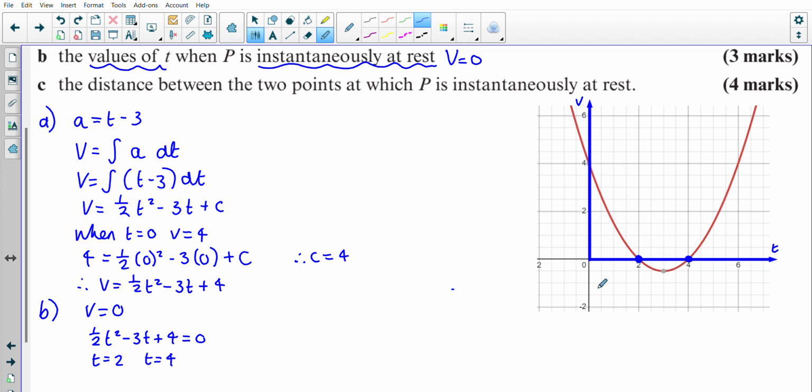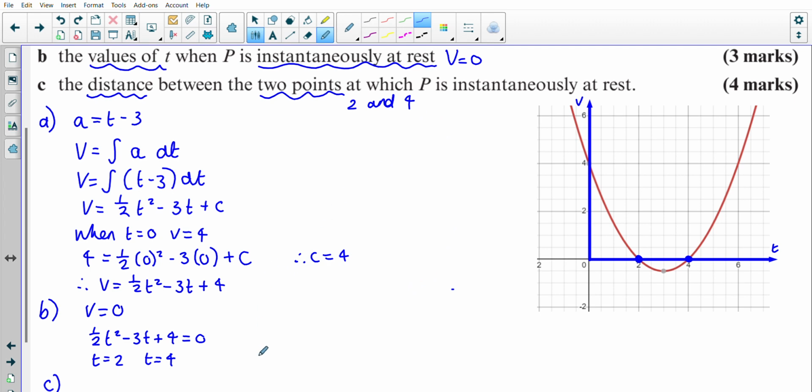So as you can see, that's what I was expecting. Right, part C, the distance between the 2 points at which P is instantaneously at rest. Distance, now the 2 points that it's talking about are 2 and 4, the ones we've just worked out when it's instantaneously at rest. So I'm going to be integrating to find the distance.